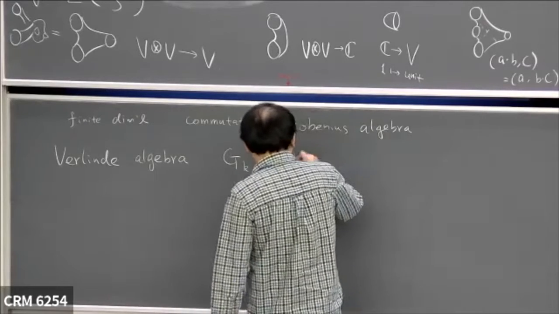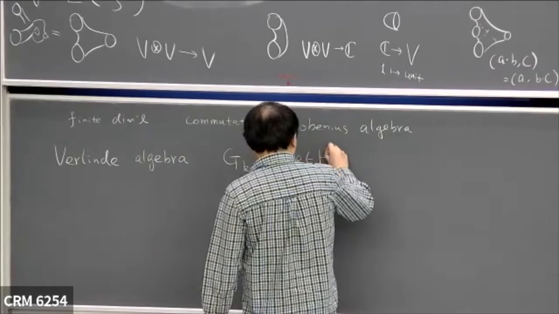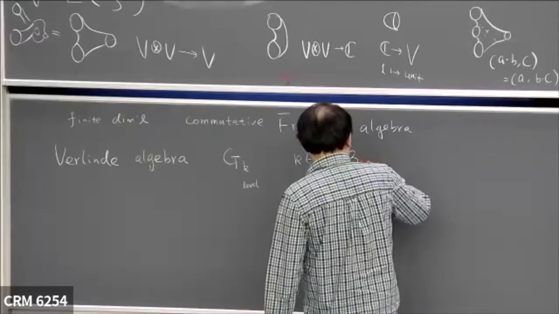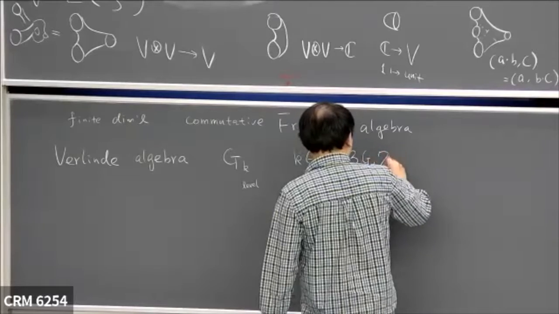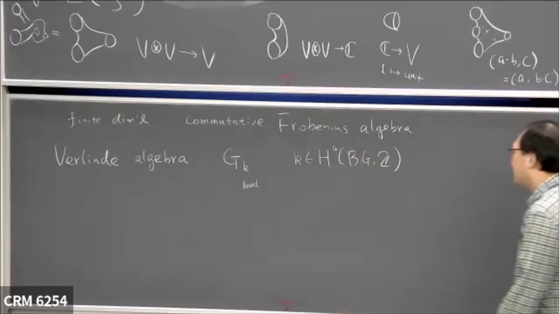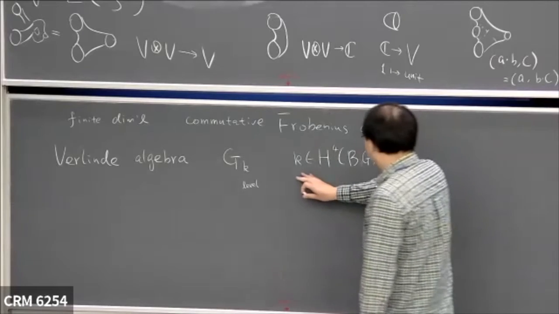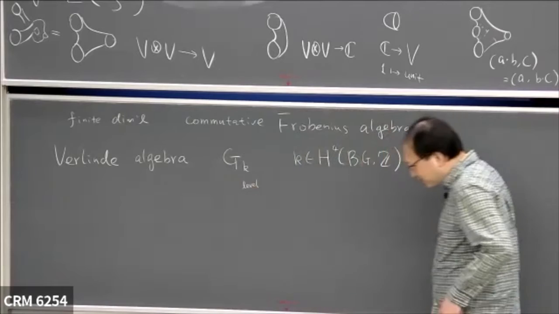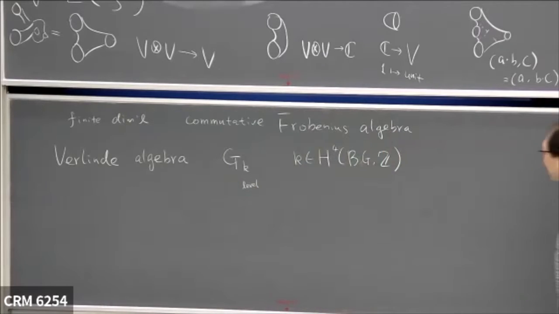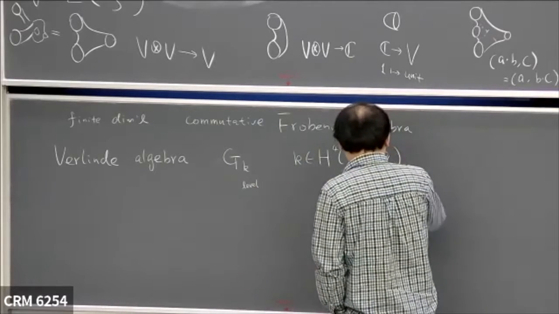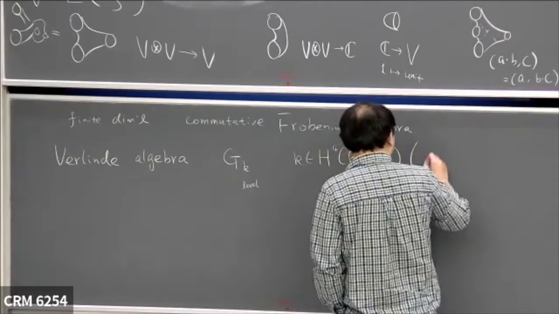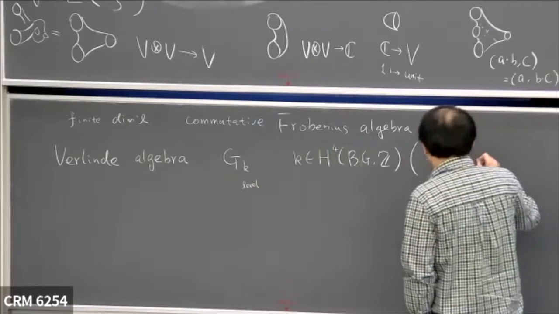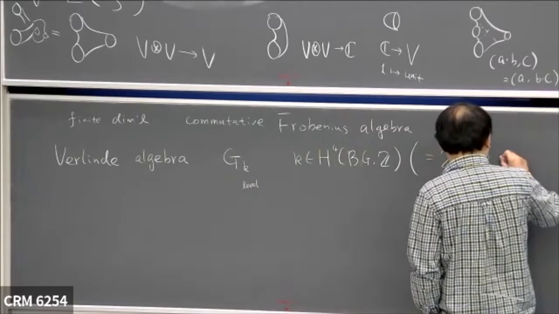In full generality, I am allowed to take anything in H4 of BG with Z coefficients, or it can be even more general. But for today, we are going to talk about groups that are either simple or U1. So for our purpose today, this is going to be Z, and we take K to be non-negative.